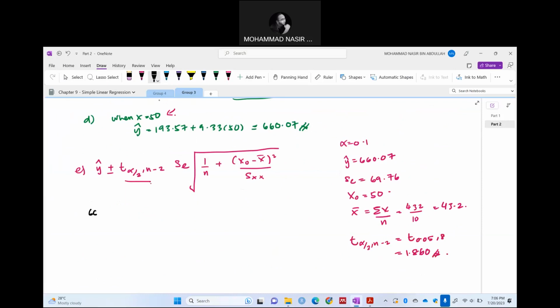So 660.07 plus minus 1.860 multiply with 69.76 multiply with square root of 1 over 10 plus 50 minus 43.2 square divided by Sxx, which is equal to 793.60.